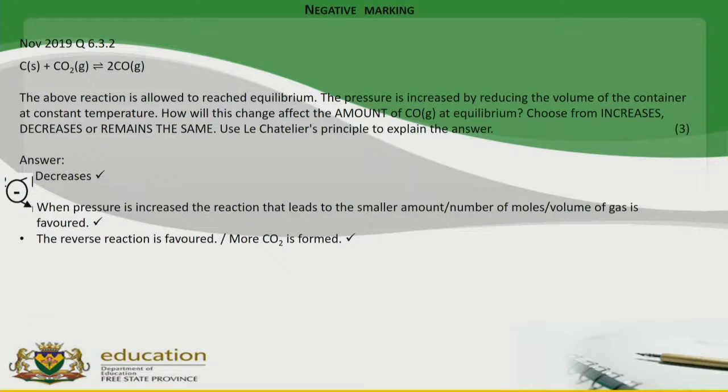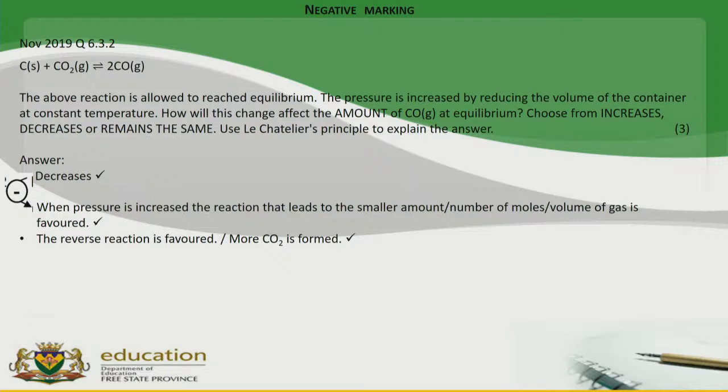So before you move to the next question, just check that you have answered all your questions, because these learners used Le Chatelier's principle correctly and could have gotten the 2 marks of Le Chatelier's principle provided they had answered the question first, saying decreases.